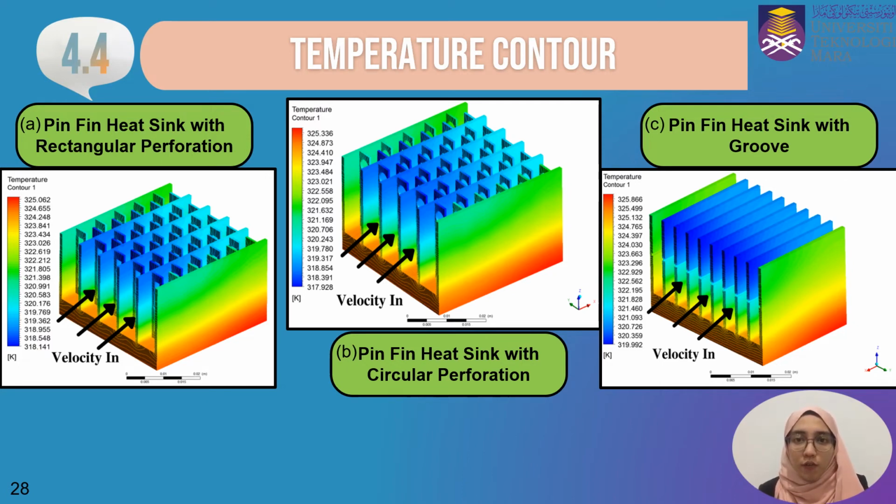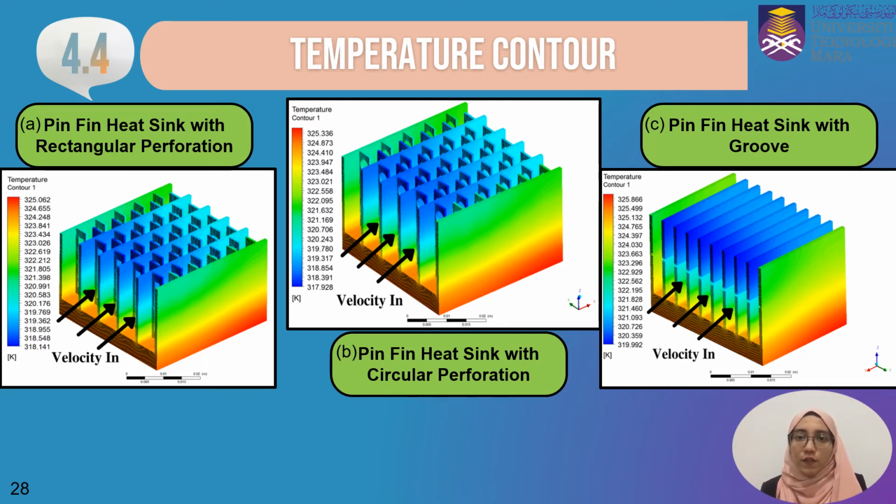Figure A, for the pin-fin heatsink with rectangular perforation, shows that the temperature starts to increase at the 5th row of the pin-fin, compared to figure B, for circular perforation, where the temperature starts to increase at the 4th row of the pin-fin.